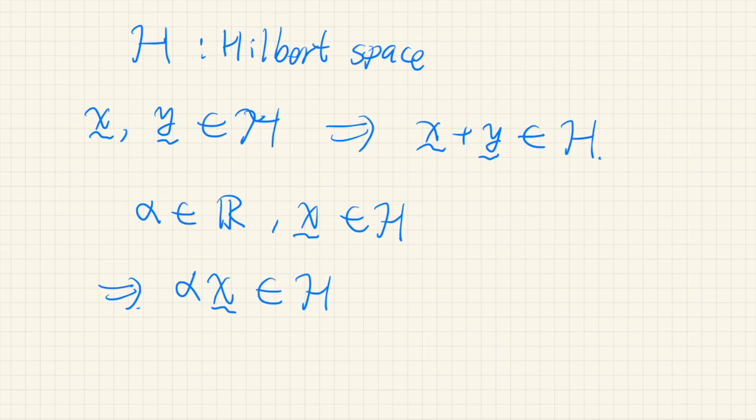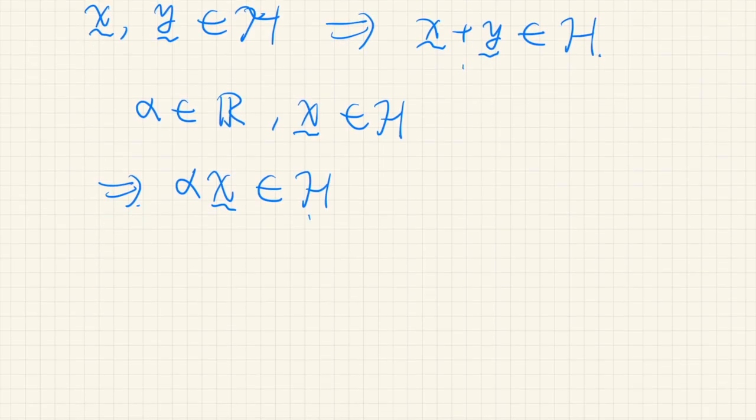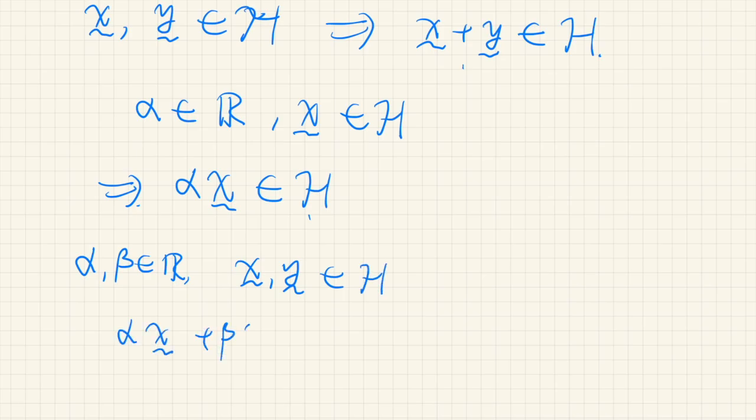And of course, we can combine addition and scalar multiplication. For example, if alpha and beta are real numbers and x and y are elements of the Hilbert space, then alpha x plus beta y also belongs to the Hilbert space. So that's what we mean by it is a vector space.